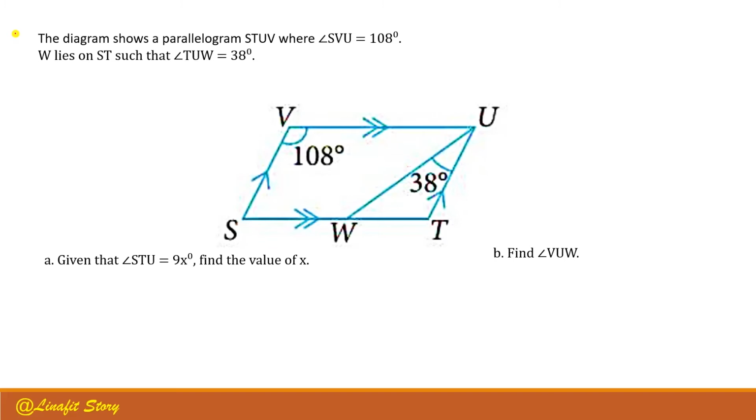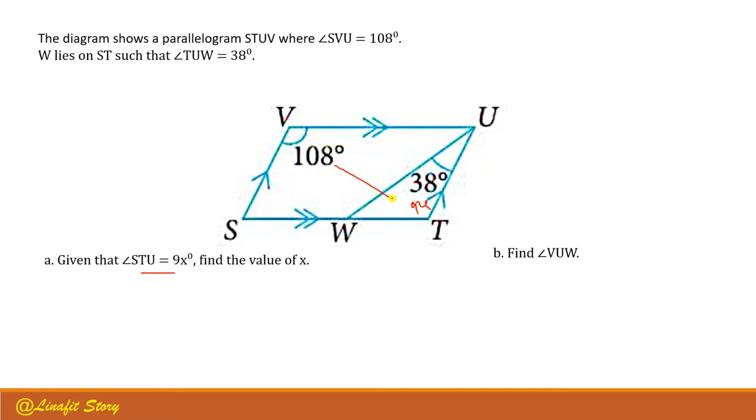The diagram shows a parallelogram SPUD where angle SVU is 108 degrees, W lies on SC, such that angle CUW is 38 degrees. Question A. Given that angle SCU is 9x, find the value of x. This is SCU, 9x.